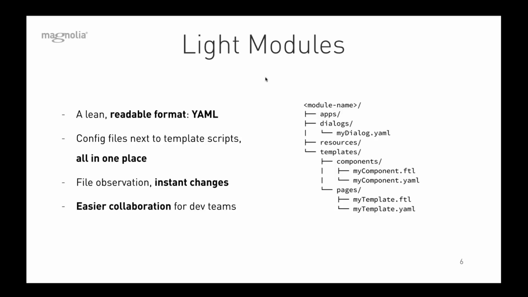So you can define how a dialog looks, you can define applications, you can add fields to a dialog, remove fields, etc. So this is a way to customize the backend. It also contains your front-end resources, JavaScript, HTML, CSS, and obviously the templates, which are FreeMarker templates here.